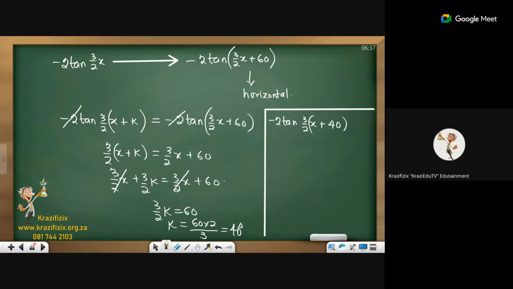I promise you, if we simplify this, we get 3 over 2x plus, what is 3 times 1 over 2? 60. Do you notice that? So what did the examiner do? f of x was shifted positive, so we know it's to the left by what?